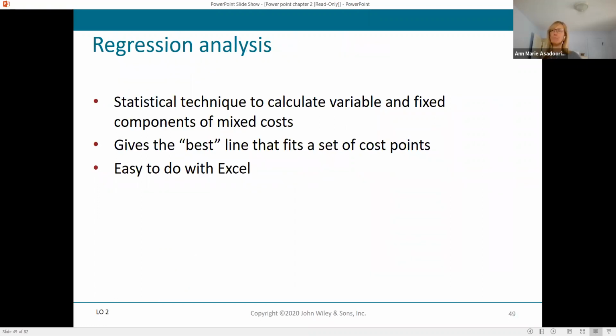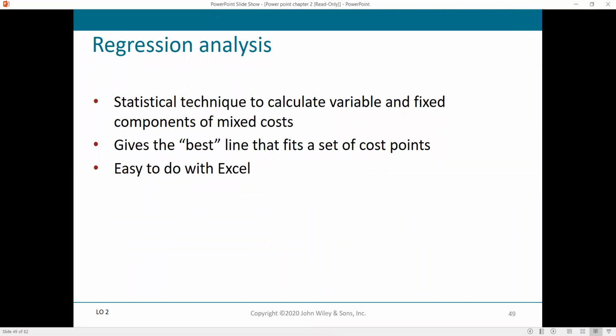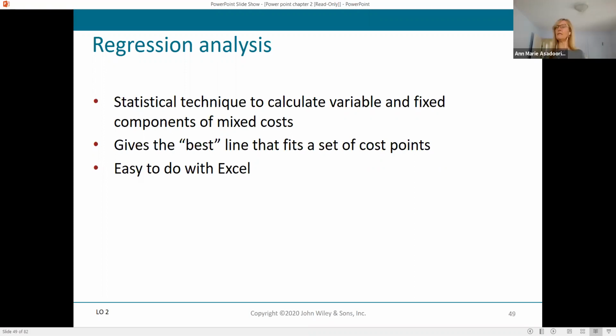Okay, so the last method of taking that mixed cost and using this linear equation is using regression analysis. So regression analysis is going to be doing basically the same thing. We're going to say this cost behaves like this straight line. The only difference is that to draw that line now, instead of visually fitting based on all of the data or just using the high point or the low point to draw that line, we're going to use statistics to get the best line based on all of the data.